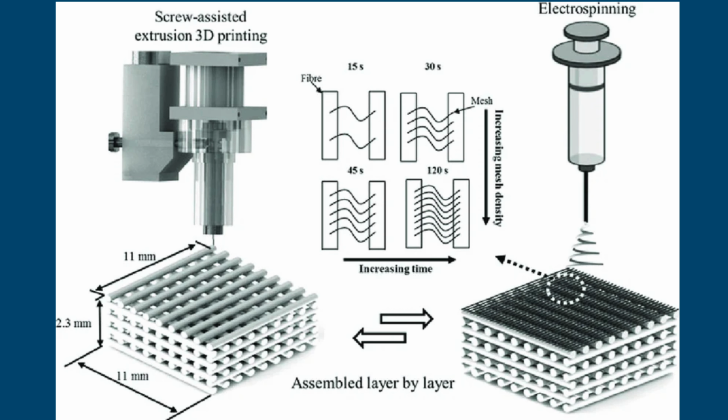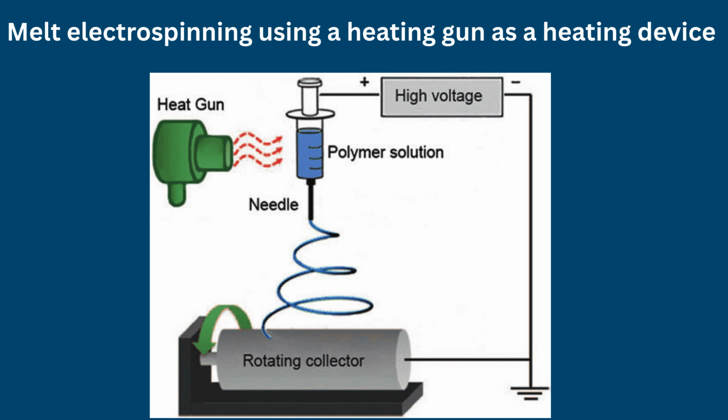Melt electrospinning represents another important development, eliminating the need for solvents, but requiring elevated processing temperatures. These innovations collectively broaden the scope of electrospinning and enable the design of increasingly sophisticated materials.